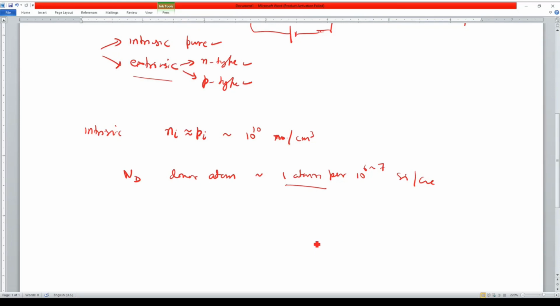If you add more than that, meaning you start adding 2, 3, 4, 10, then the property will deviate from the ideal characteristic of a semiconductor. And if you add even more, then it becomes a conductor. So you lose the band gap, but you require a band gap. You want conduction to increase but the band gap to be maintained. You don't want to add an excess amount of doping so that the material stops being a semiconductor and becomes conducting.